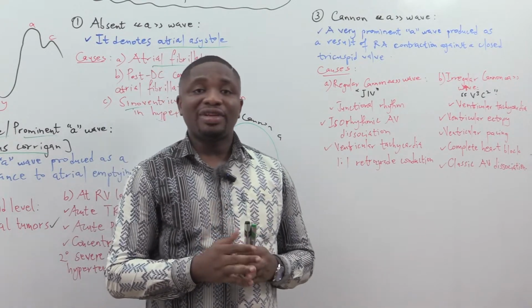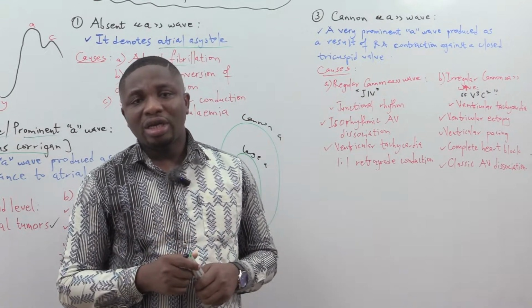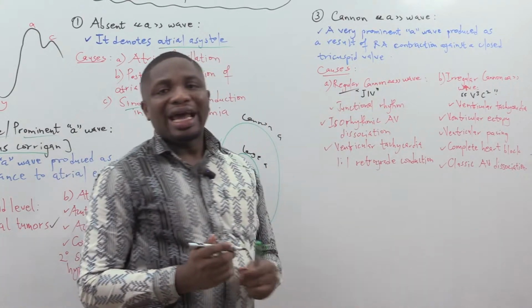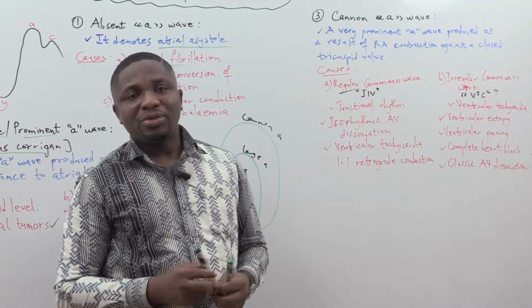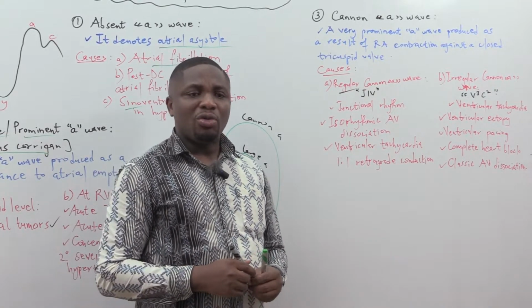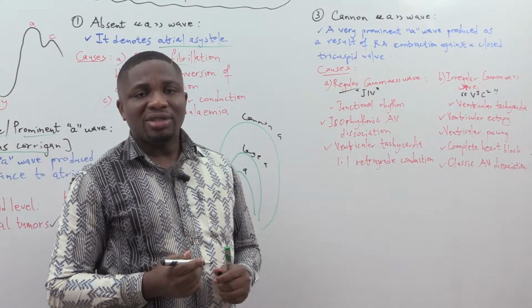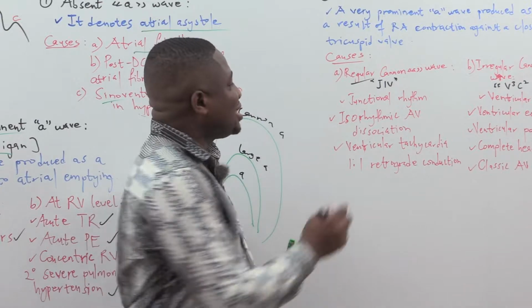Now, what are the causes of the canon A wave? Before we can talk about that, there are two types of canon A wave. We have what we call the regular canon A wave and the irregular canon A wave. And based on that, we will have the respective causes. And what are these causes? When we talk about the regular canon A wave, do you remember the causes? Remember JIV. That's JIV.